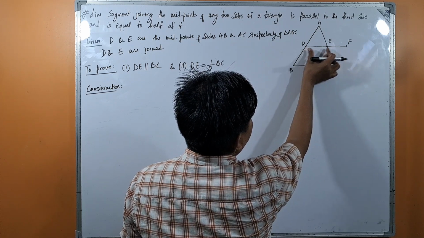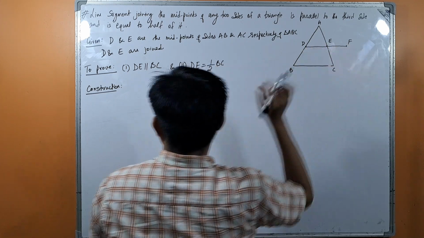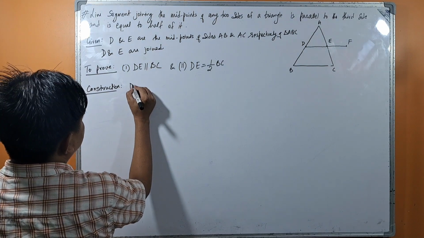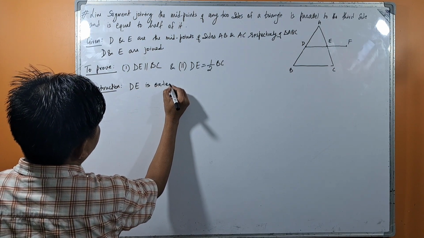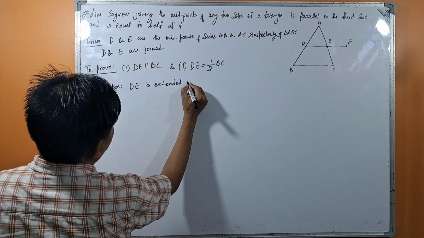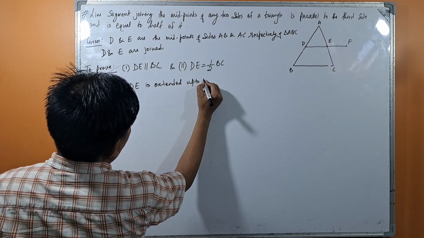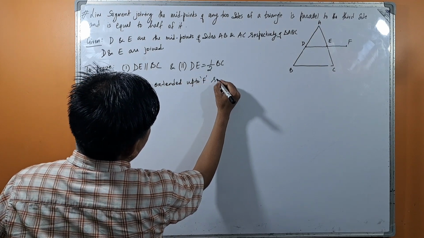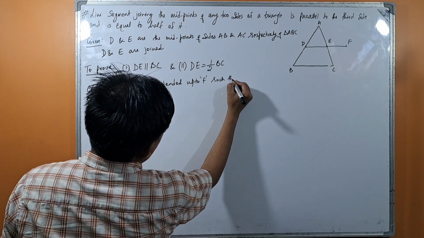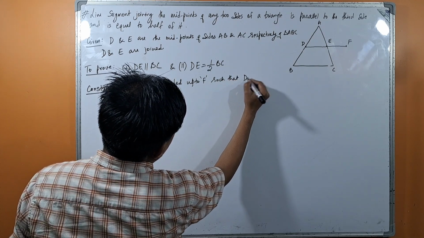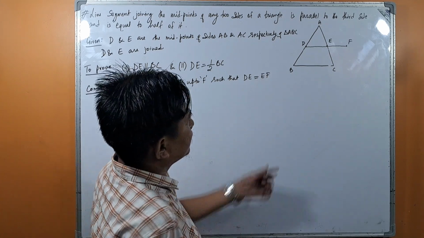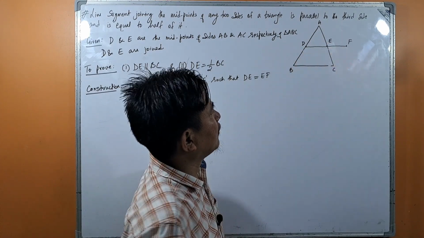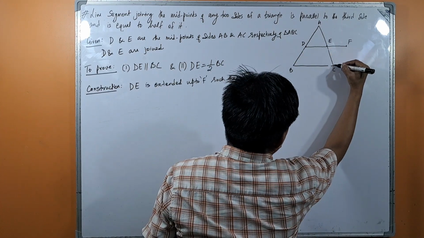Length of DE is equal to the length of EF. And let us join C and F also.